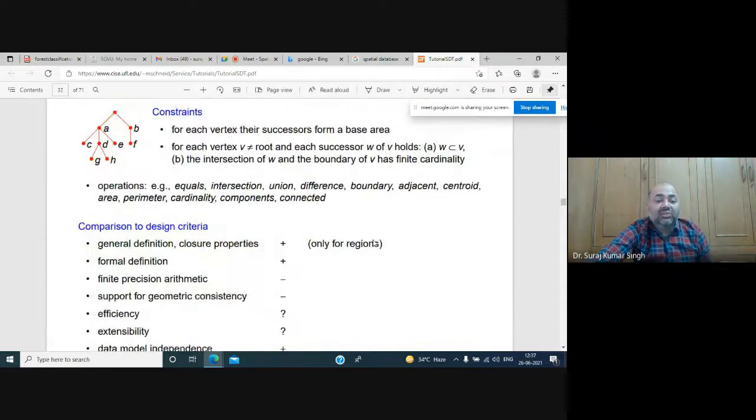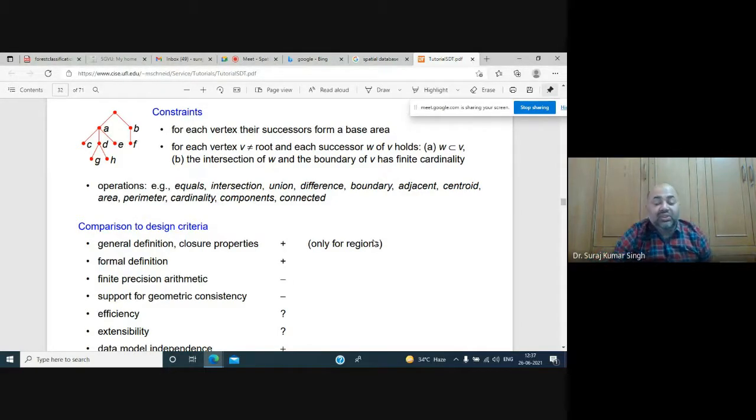So what is the constraint? The constraint is for each vertex, their successors form a base area. For each vertex V not equal to root, and each successor W of V holds A, V and B. The intersection of W and the boundary of V has finite cardinality.